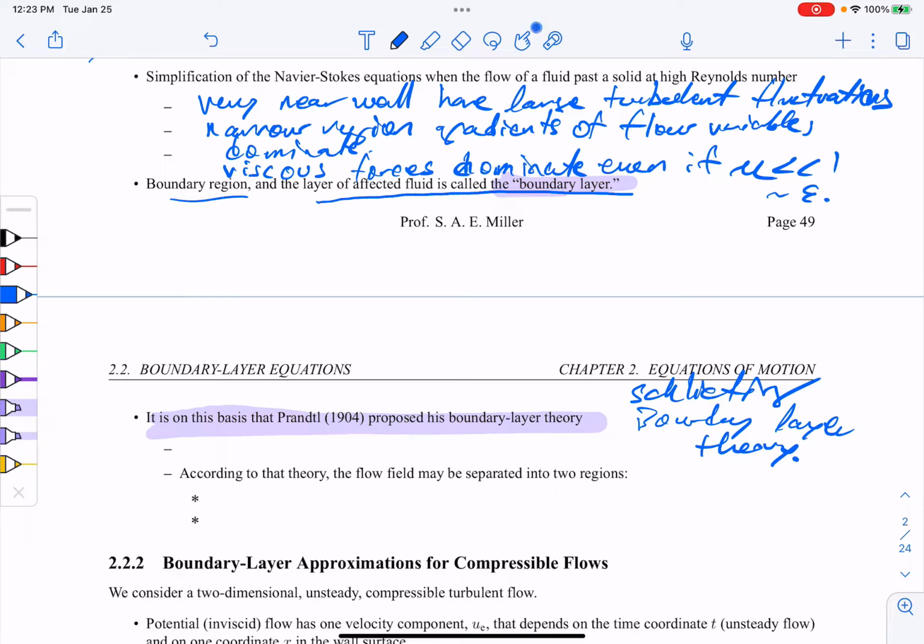A few notes by Prandtl. He noted that the gradients perpendicular to the surface are much larger than gradients parallel to the surface.